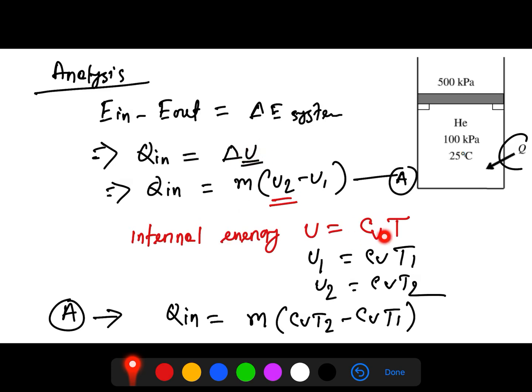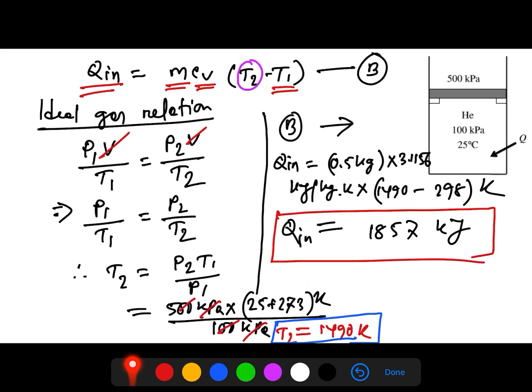From the internal energy relation we know U equals CVT, so we can write U1 equals CVT1 and U2 equals CVT2, and then I believe it is a very simple calculation. Finally, T2 was unknown, so we used the ideal gas relation. I believe you understand this. If you have any confusion, then maybe we can discuss during the lecture. So that's it.